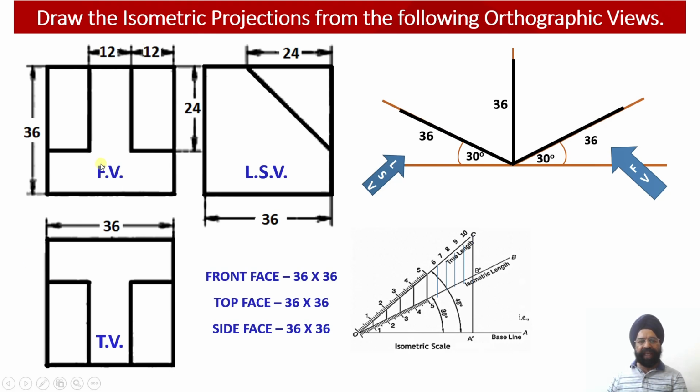Now there are two inclined webs over here on either side of this vertical web. How did we decide that these are two inclined webs? Because from the side view we can check. From the side view we have this inclined web projection appearing in the left side view. So this web starts at a distance of 12 millimeter from the back.